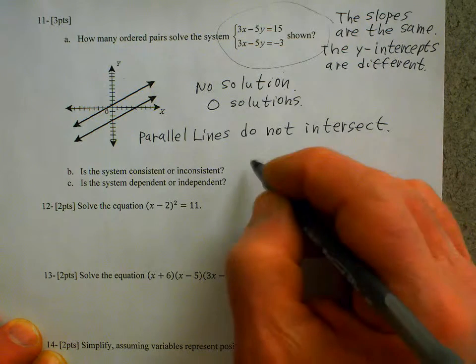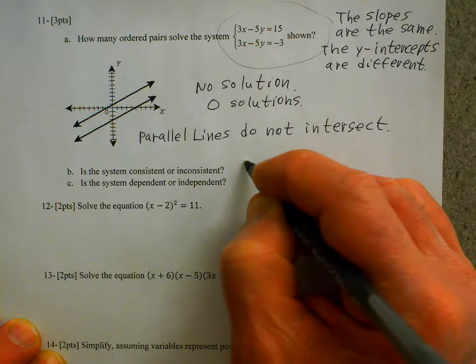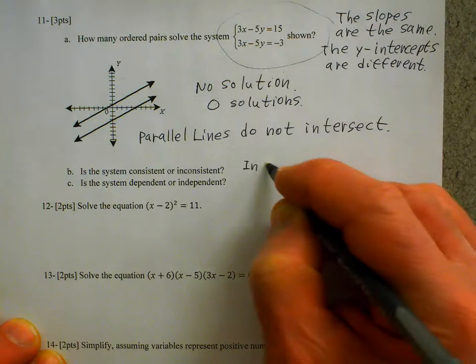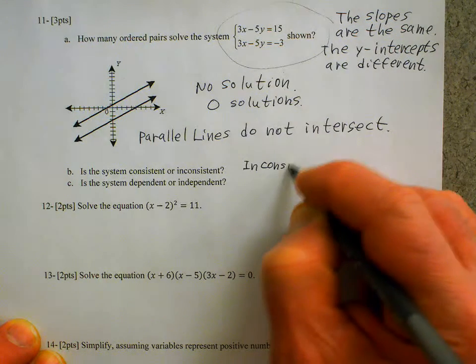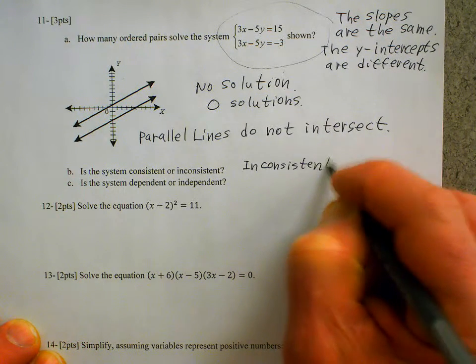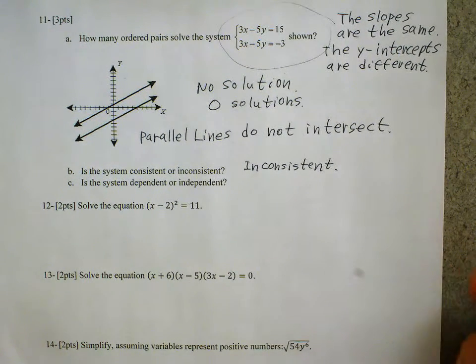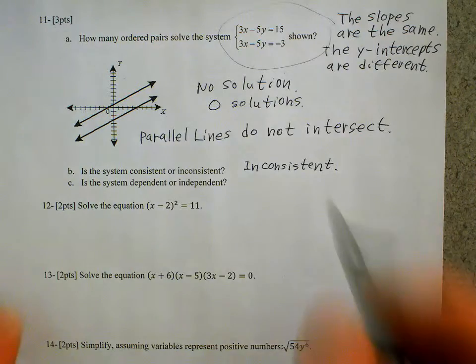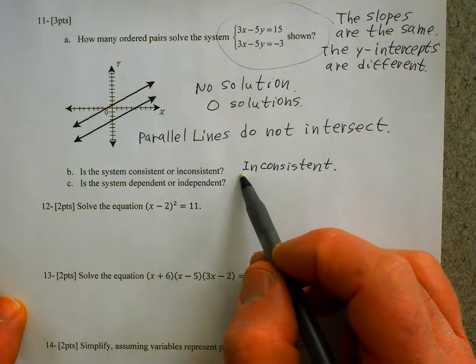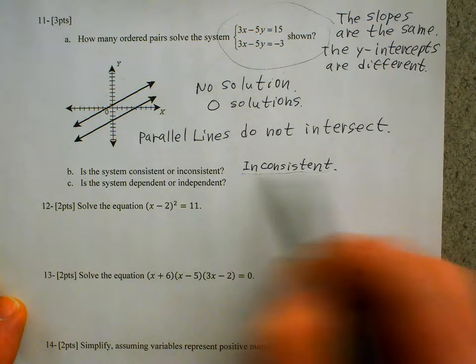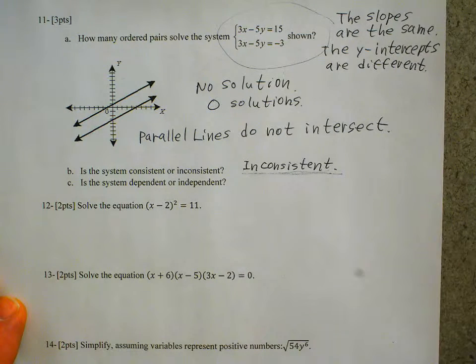So this is inconsistent. Attempting to solve it leads to a nonsensical result. So inconsistent is the word that goes with that.